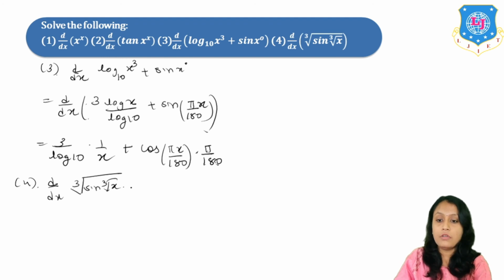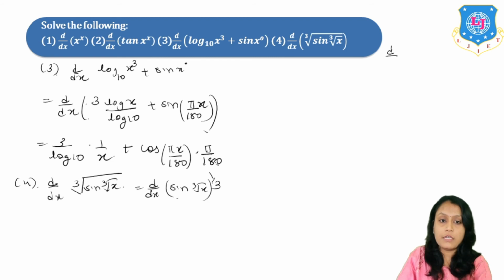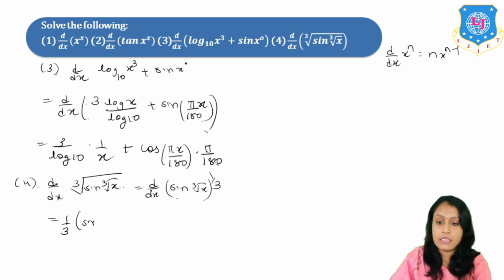So this term we will write like this, that is d by dx of (sine cube root of x) whole raised to 1 upon 3. Firstly we'll apply the d by dx of x raised to n formula, that is n x raised to n minus 1. So 1 by 3 will come over here. So 1 by 3 (sine cube root of x) whole raised to 1 by 3 minus 1.